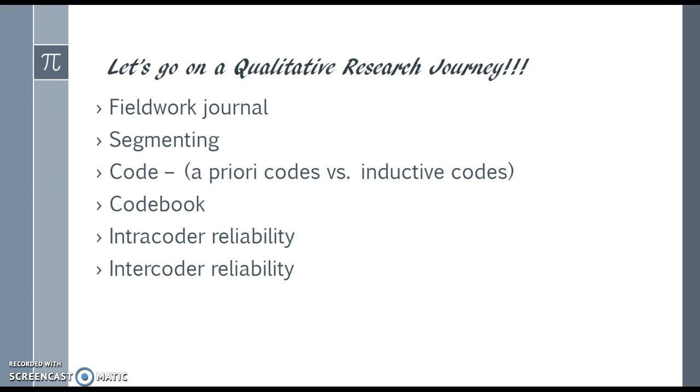So for the purpose of your DNP project, you are probably going to be the only coder. So the intra-coder and inter-coder may not pertain to you at this point. But in additional research that you do outside of your DNP with a collaboration of other people, you might have more than one coder, and so that's where this reliability will come into play.